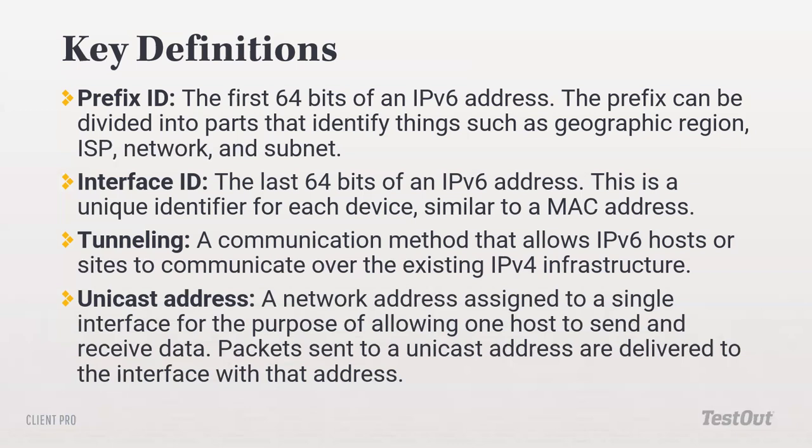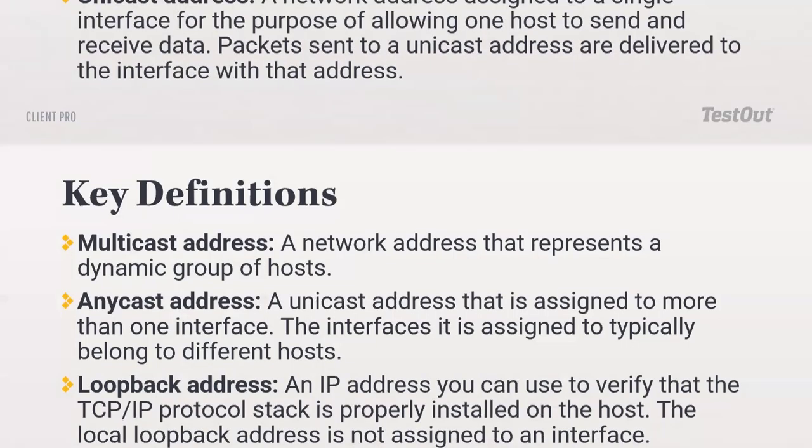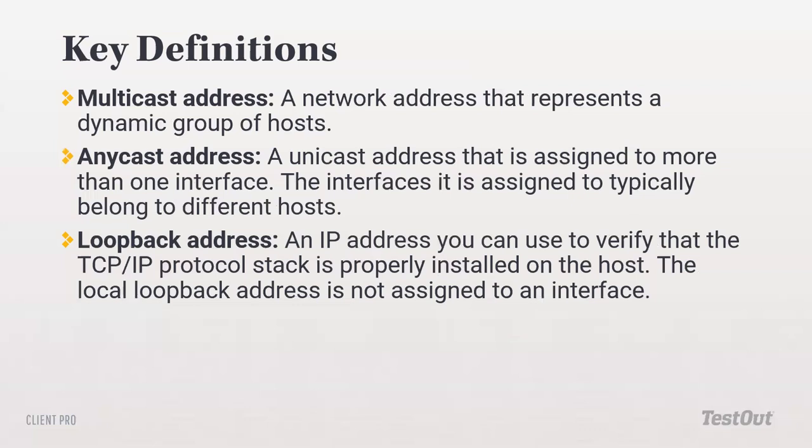A regular address, one host to send and receive data, just a regular IP address, is known as a unicast address. So it goes to the host that has that address. A multicast address goes to a dynamic group of hosts, that would be like a class D address in IPv4.